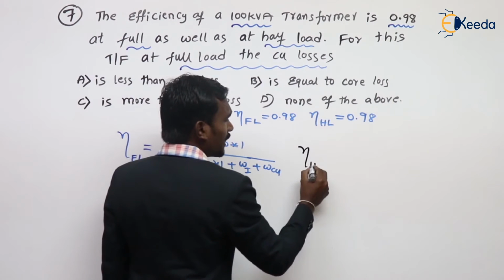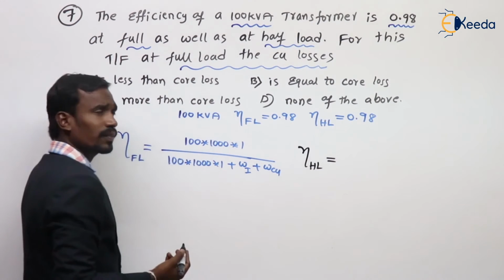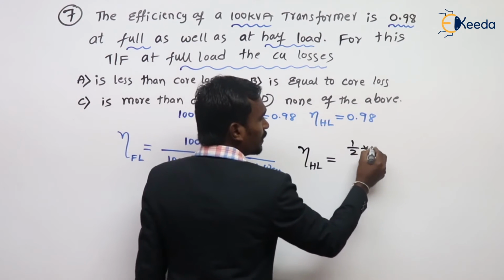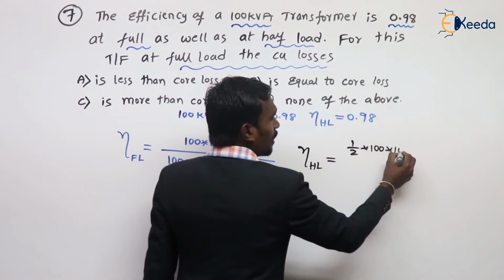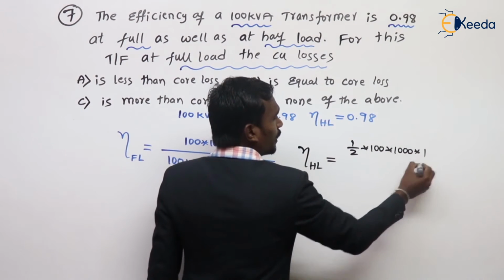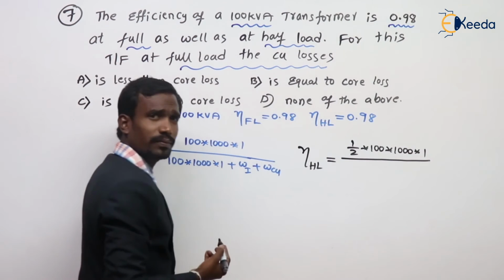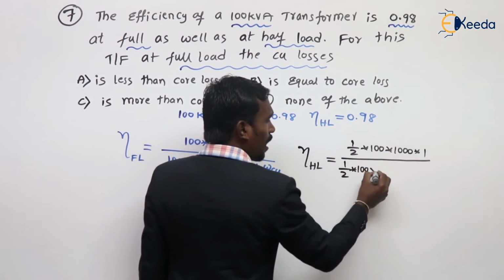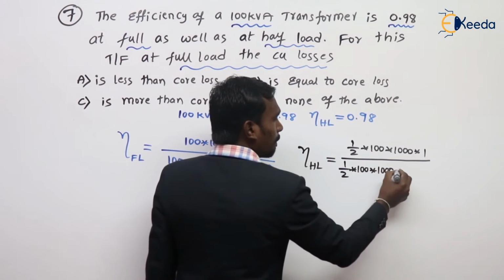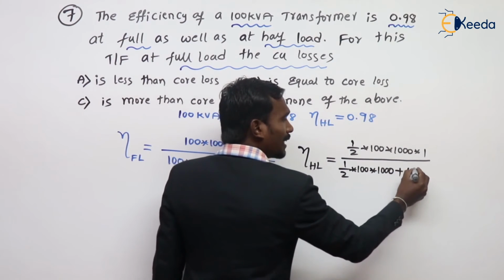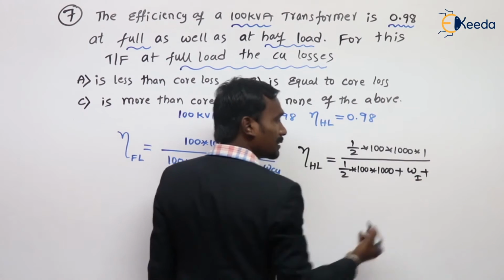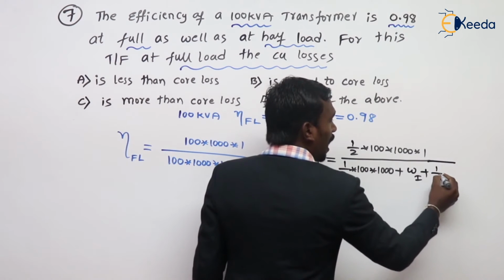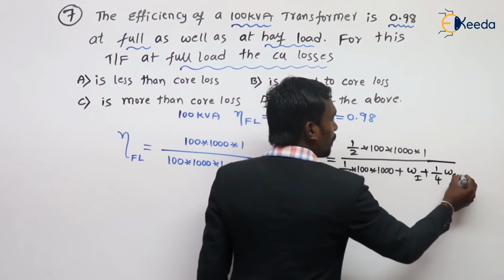And the efficiency at half load is equal to half of the kVA into power factor divided by half of the kVA plus iron losses plus, at half load, copper losses are half squared of the full load copper loss.